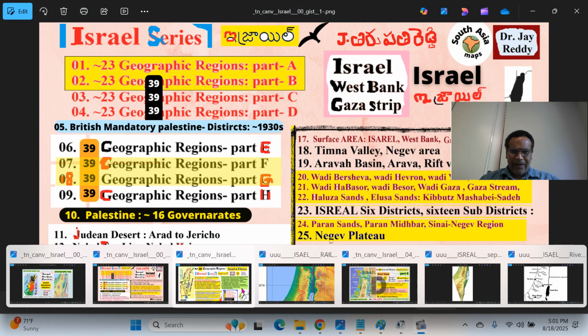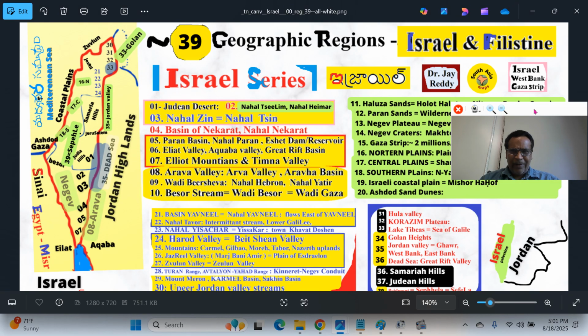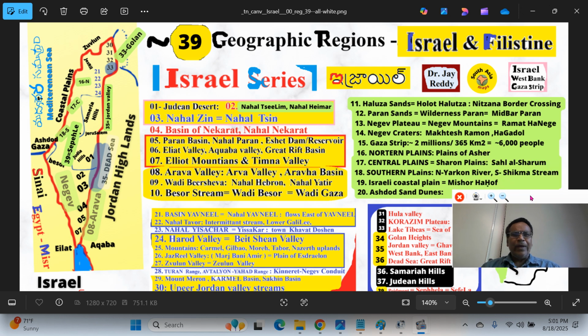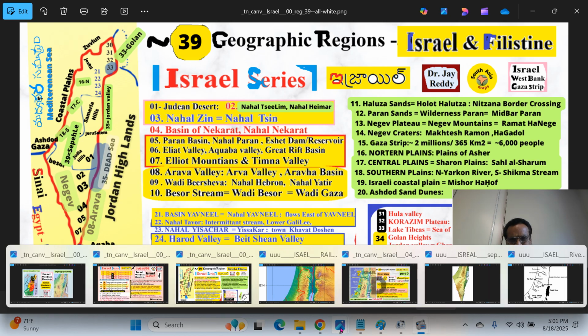In this map, I have given all the 40 or so geographic physiographic regions in broad. You can stop here and take a look at it, and we will explore each of these regions in depth.